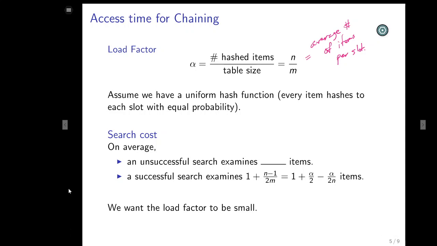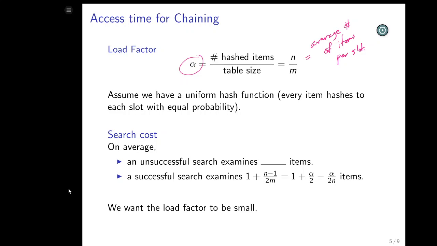And if I look at the cost to perform these different operations, like a search cost, a find cost, in a hash table that has a load factor of alpha, for whatever reason alpha is always used as a load factor. On average, if I perform an unsuccessful search, like I try to look something up in my hash table and it tells me, nope, it's not there. And that hash table has a load factor of alpha.